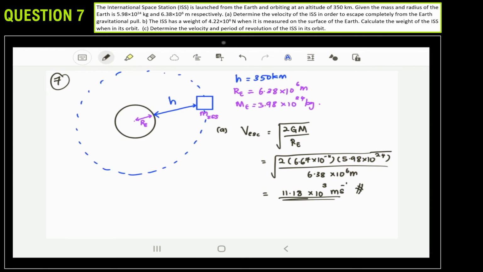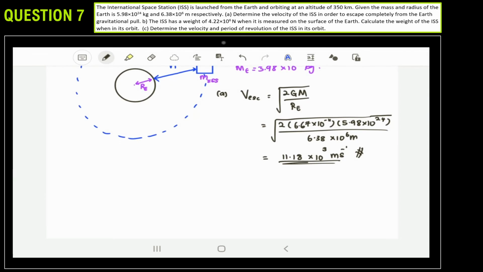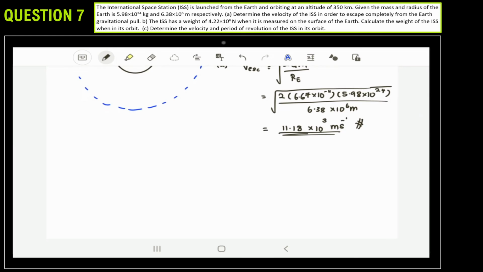Okay, and how about question B? Let's try to answer question B. Question B asks us to find the weight of the ISS when in its orbit.